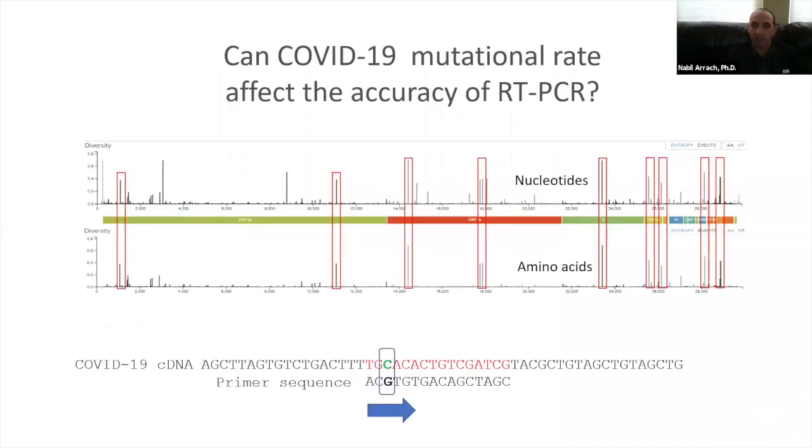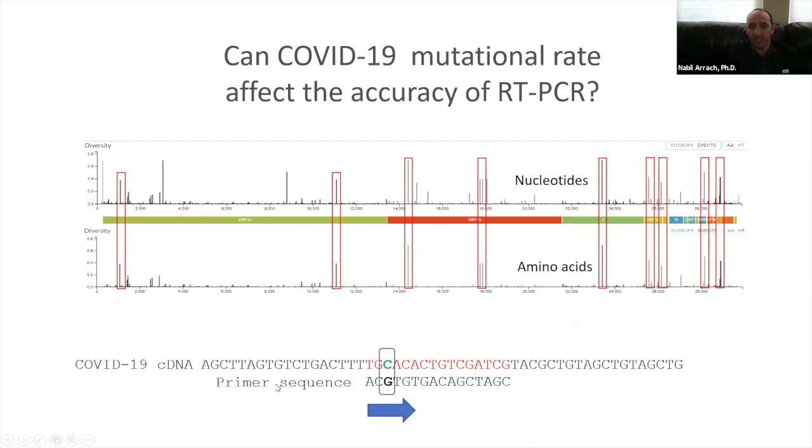So as I mentioned earlier, the number of mutations in the coronavirus genome is pretty high and is increasing with time. I put here a sequence just to give you an illustration of how this mutation can affect the performance of the PCR. Let's say you have a genome here where a mutation occurs in this RNA sequence that will be retrotranscribed into cDNA.